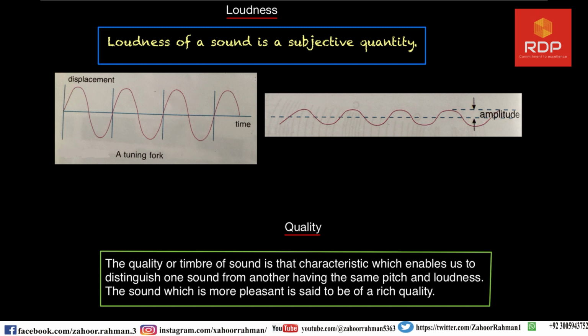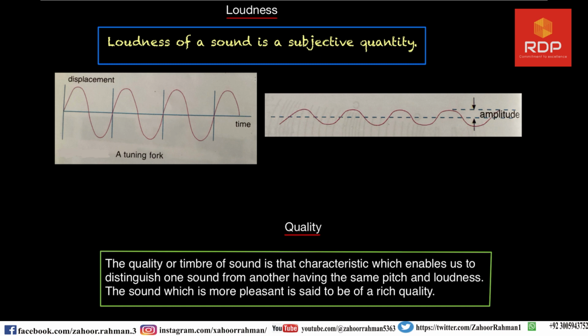This is another very important characteristic of sound. Loudness of a sound is a subjective quantity. Remember, it is totally depending on the amplitude. Higher the amplitude, higher will be the loudness of sound.